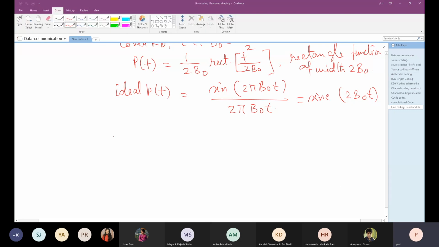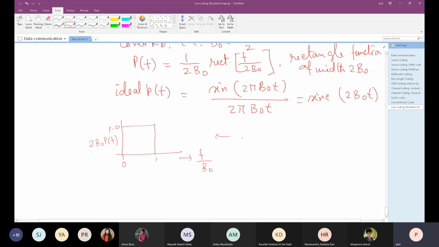So for this PT, if we plot in the normalized frequency domain, normalized by the bandwidth, and the magnitude is also normalized, then this 2B0 term will be normalized and we will have unit amplitude of frequency for a unit band.